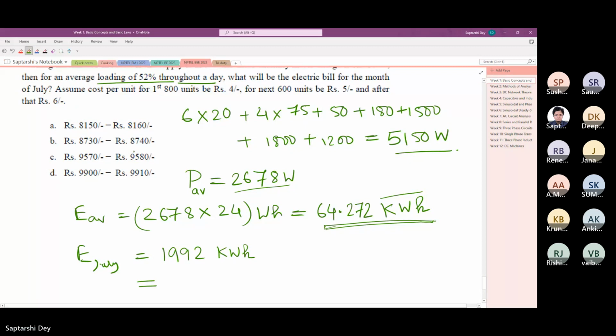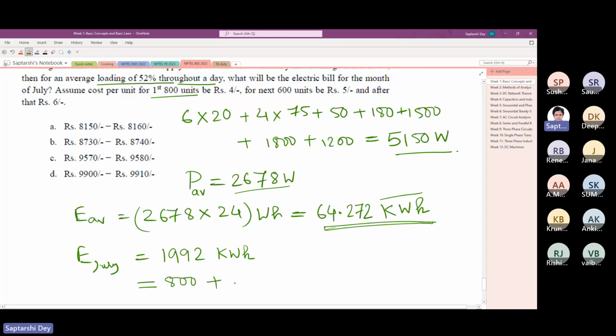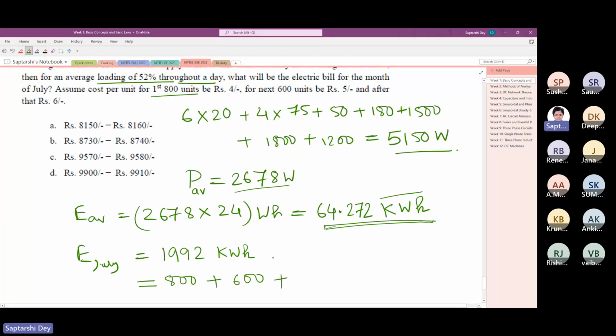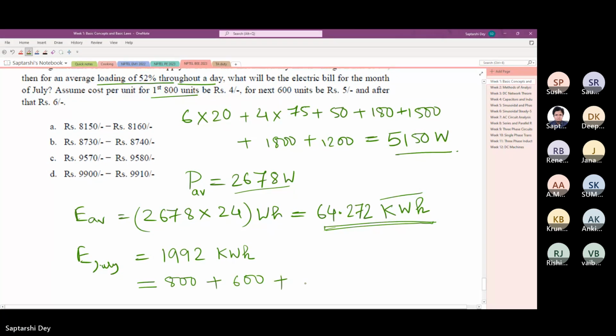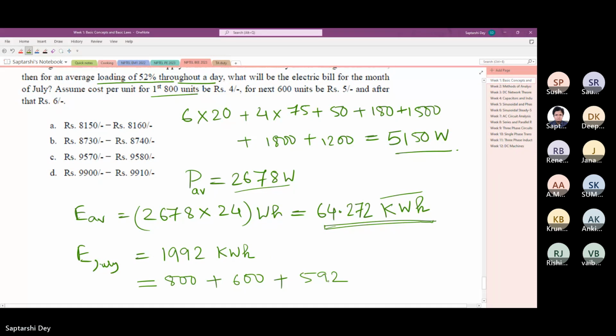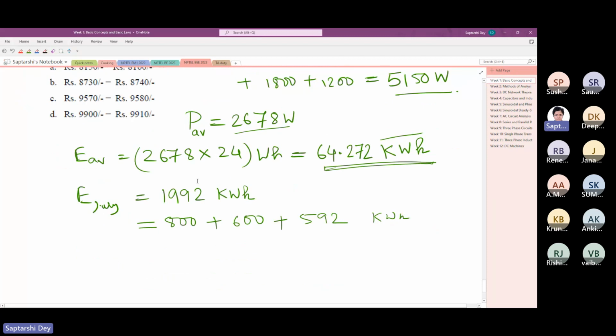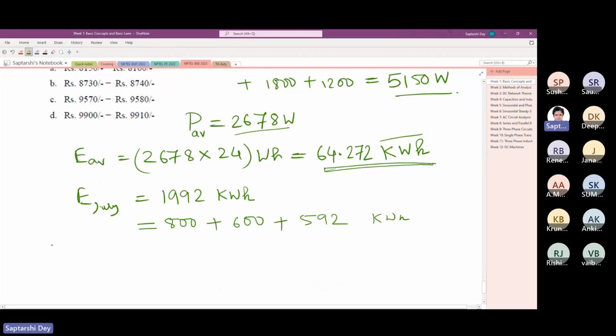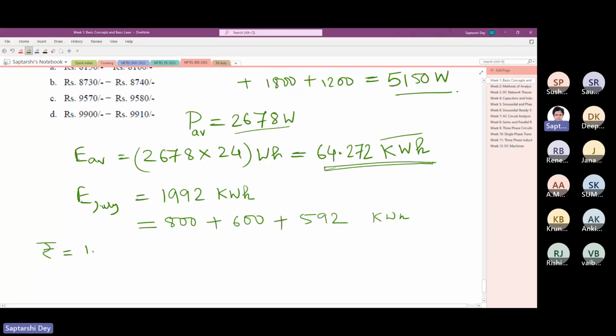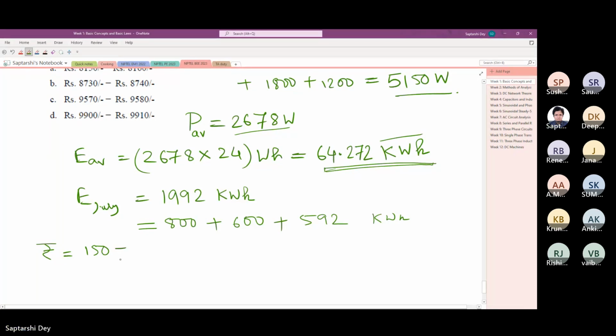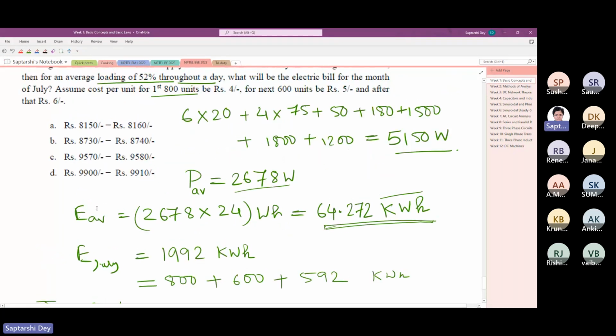So cost breakup is like this. For first 800 units, we'll break this up. 800 plus for next 600 units, 600. We still have 592. So what is the total amount that they are going to pay? Meter charge is 150 plus 456.